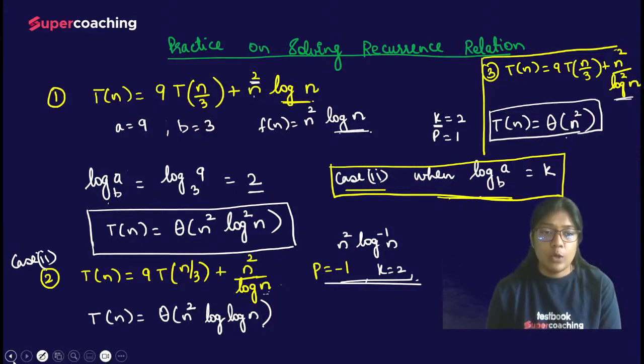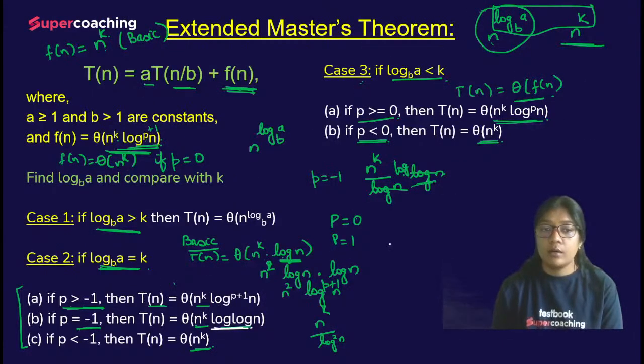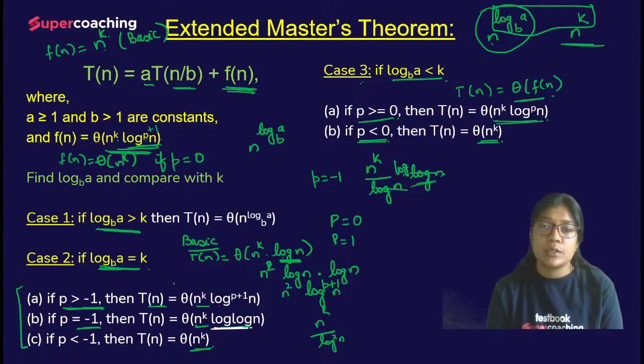So just let me know, is this clear how we are applying these cases of extended master's theorem? Otherwise, अगर आपके पास ऐसे कोई logarithmic functions आते हैं, then you have to use the substitution method, because in that case we won't be able to apply the recursive tree method. So quickly give me the confirmation if it's clear.